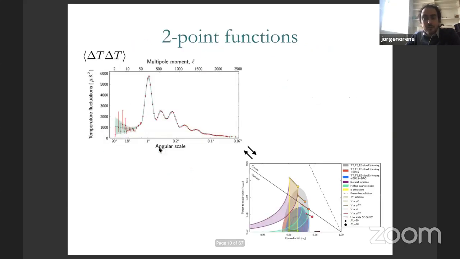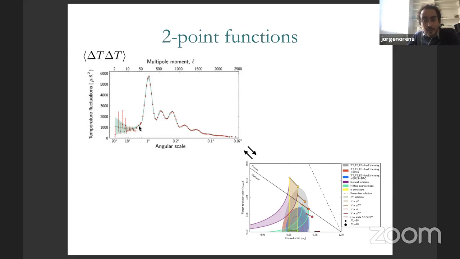Now, we have learned a lot from the two-point function. These plots, taken from the latest Planck papers, have become famous. This is the two-point correlation function of temperature. These are basically temperature fluctuations at two different points of the sky, correlated and transformed to a sort of Fourier decomposition on the sphere, using spherical harmonics.